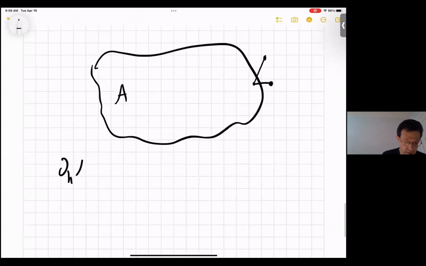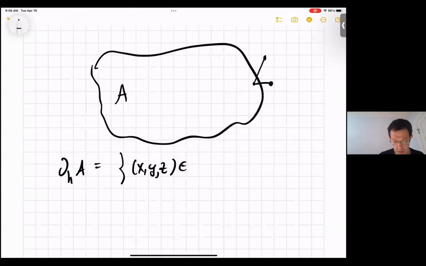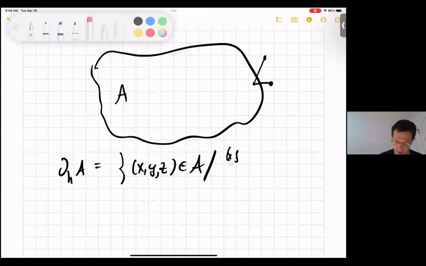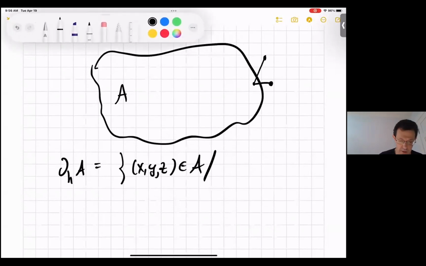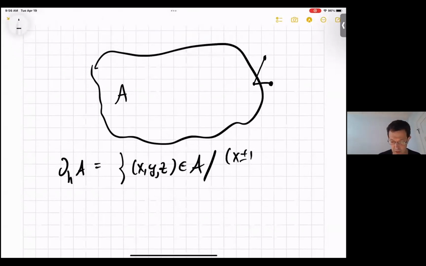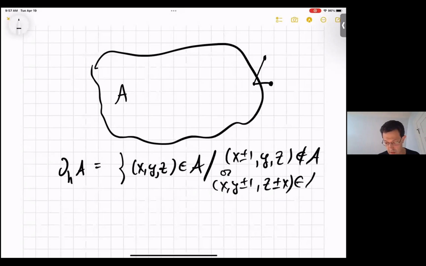DHA is just going to be all the X, Y, Z in A such that one of these edges, X plus minus 1, Y, Z, is not in A, or the other types of edge, X, Y plus minus 1, Z plus minus X, is not in A. So you start in A, and one of these edges is not in A.